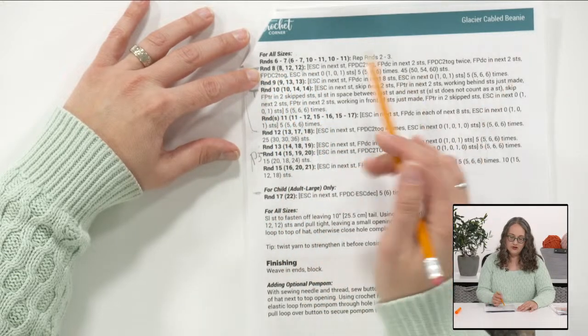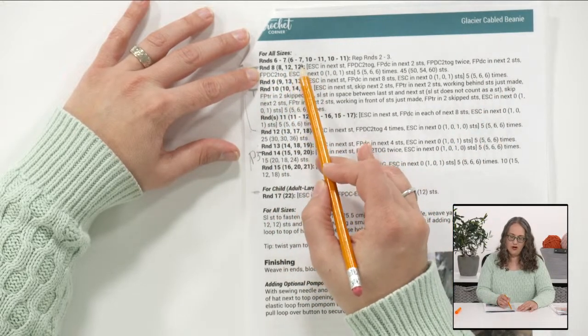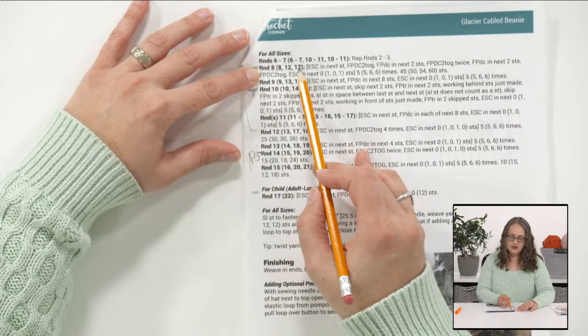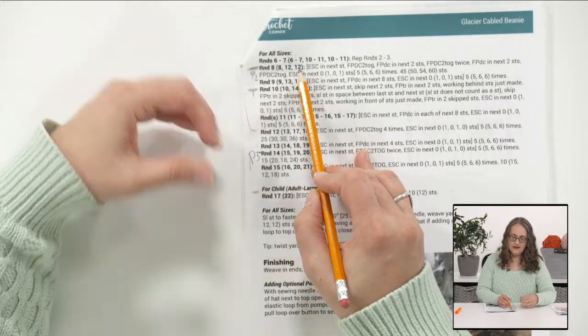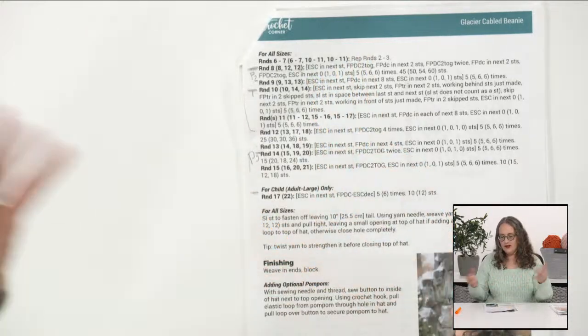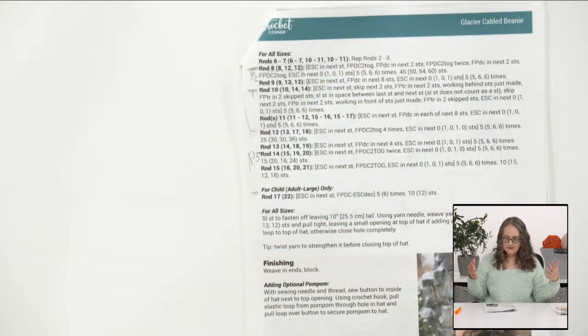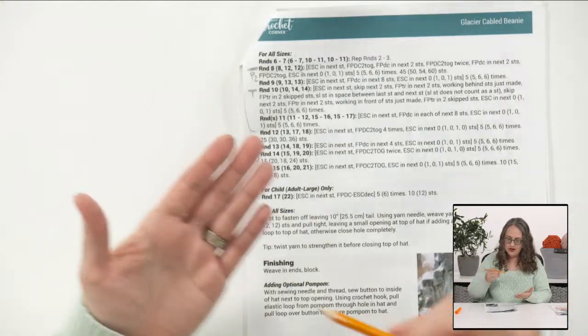If you were working the larger 2 sizes, you'd already be on round 12. So this is just a way to help make sure that you know what round you're working on. That way if you set your hat down and you come back and you're like, I don't know what instructions I'm working on, you can count your rounds or count your rows and then go back in here and figure out where your instructions are for the next round that you're about to do.